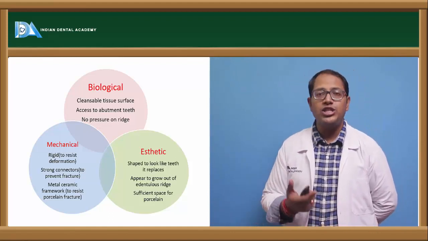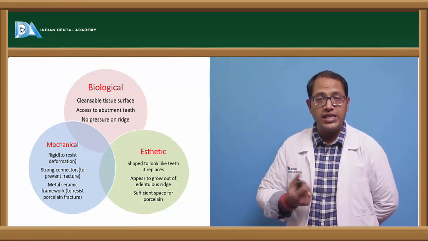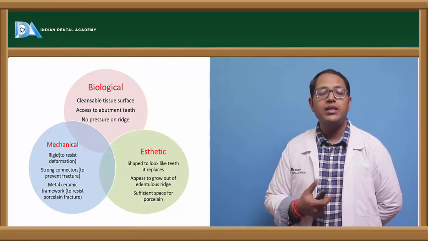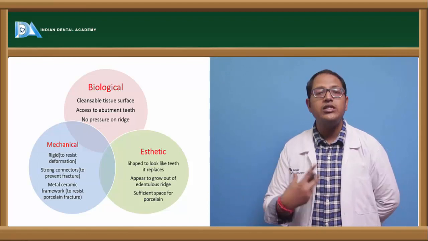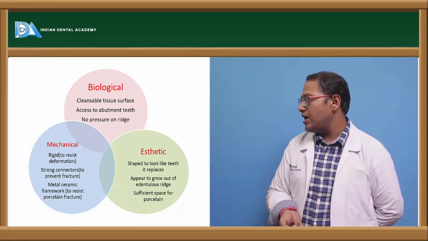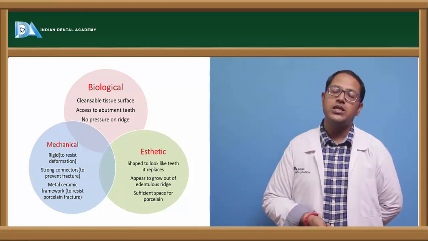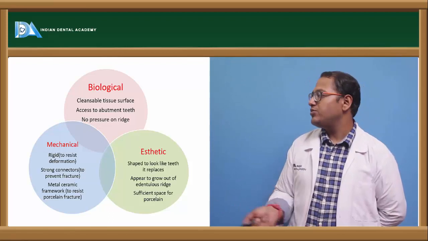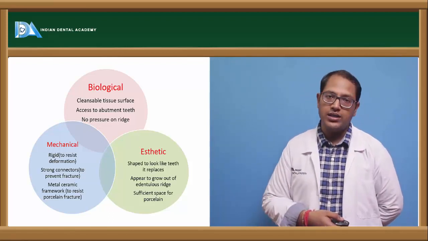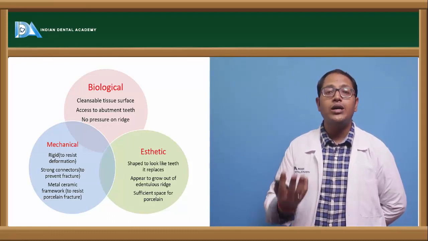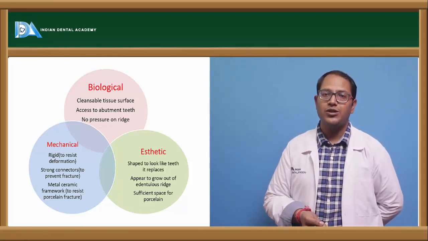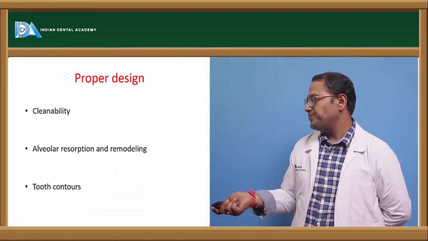Aesthetic, it should look like a tooth. It should not look very artificial, and should appear to grow out of the edentulous ridge like our teeth grow out. Sufficient space for the porcelain should be there. Even that is a consideration of aesthetics, because if that is not there, the metal display will come out, and the metal show color will also be on the surfaces of the fixed partial denture.